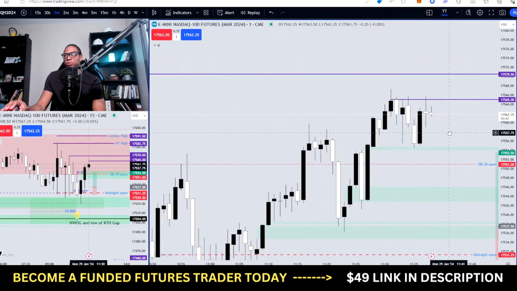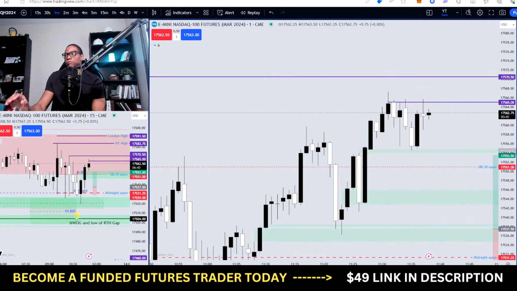See if this candle can be the one to push through the 565 level. Equal highs.